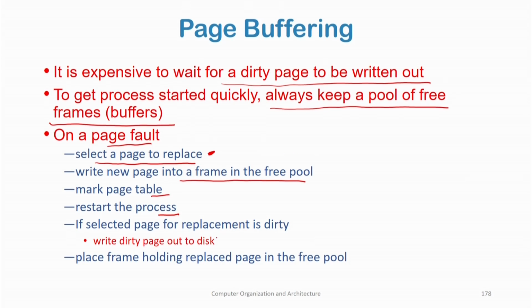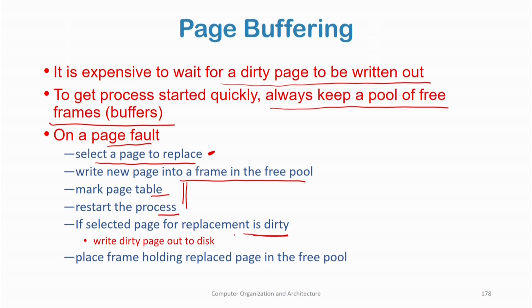If the selected page frame is dirty, then after replacement I will put that page into disk and then put this frame into the free frame pool. Because this dirty page was not written out during replacement, this overhead is not visible to the page replacement.